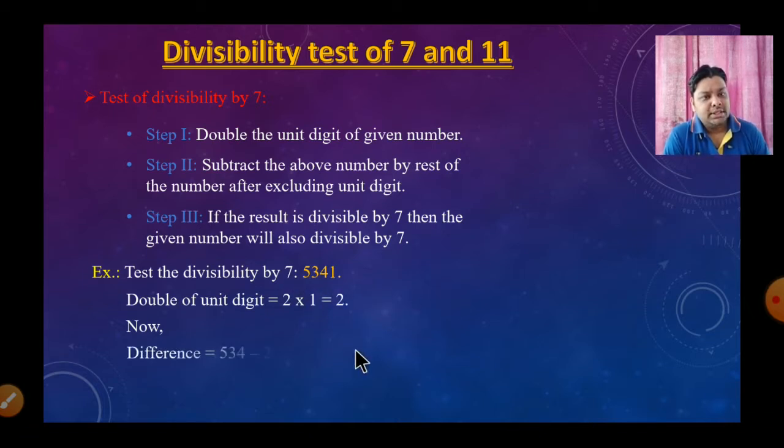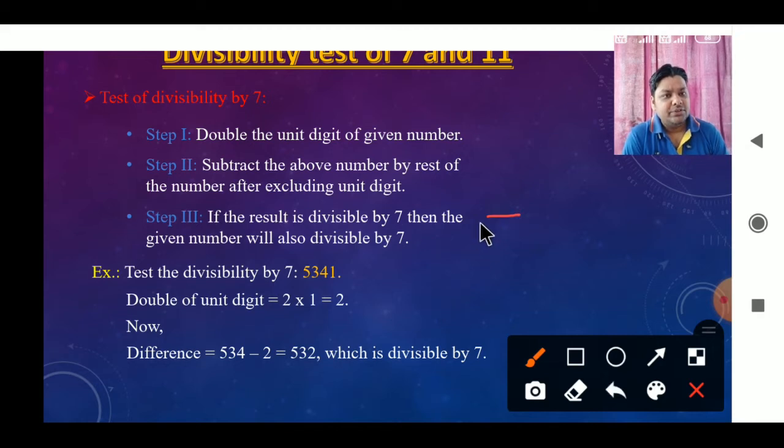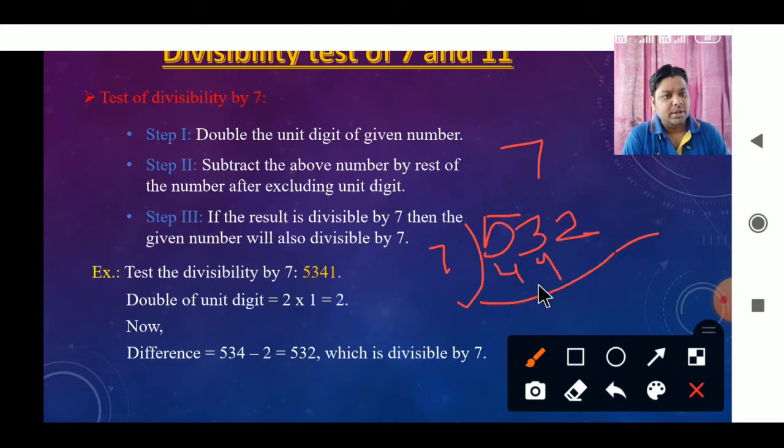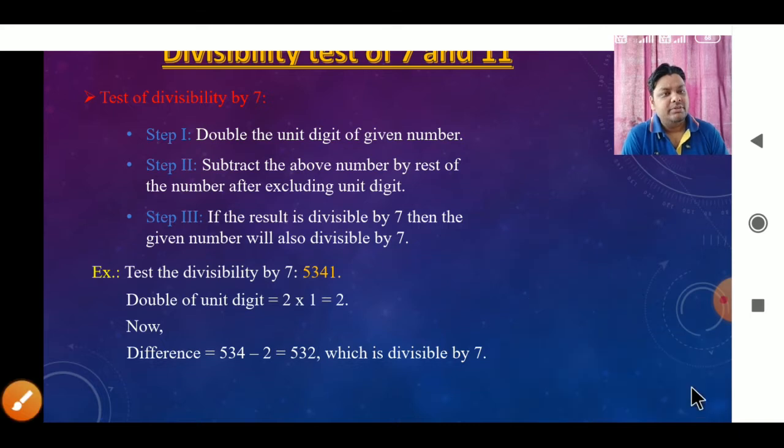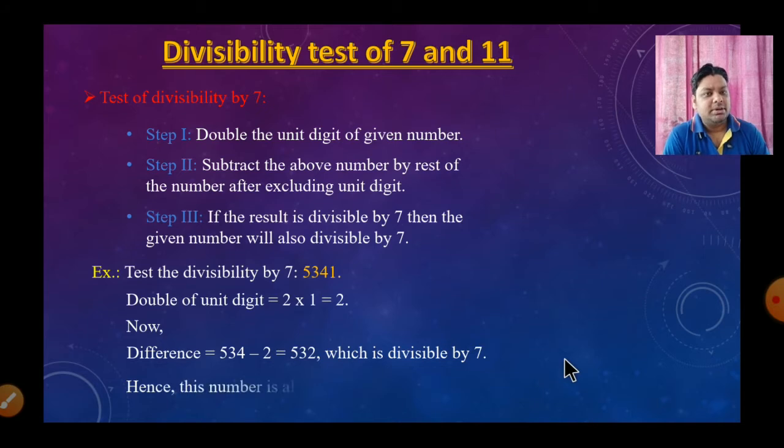So 534 minus double of the unit digit, 2, gives 532. Now if you divide 532 by 7, 7 times 7 is 49, and only 4 is left. Then we bring down the next digit 2, so 7 times 6 is 42. It means it is clearly divisible by 7. So if the resulting difference is divisible by 7, we can say that the number is also divisible by 7. Okay, students, I hope you have all understood.